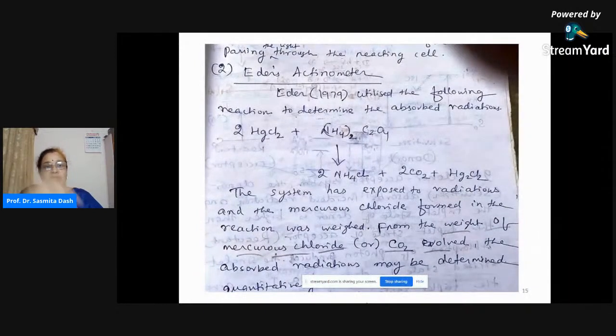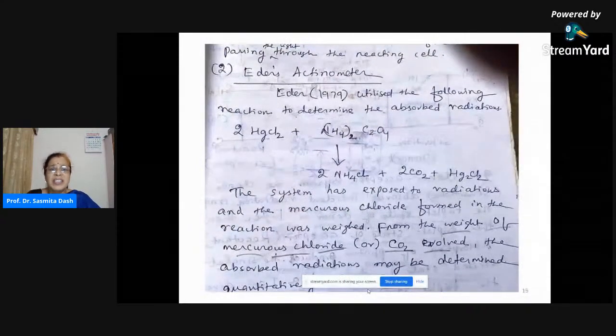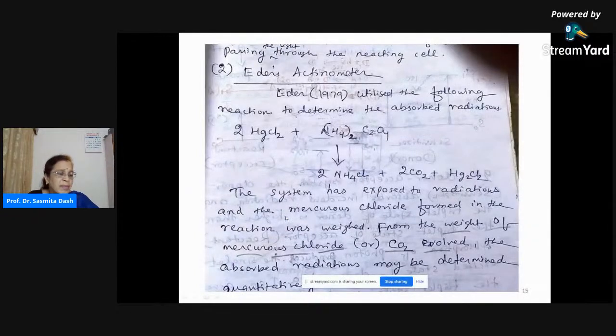There is yet another type of actinometer, named Eder's actinometer, based on this principle. The system is exposed to radiation, and mercuric chloride is taken with ammonium oxalate, which acts as a sensitizer. The ammonium oxalate decomposes, and mercurous chloride is formed from the mercuric chloride.